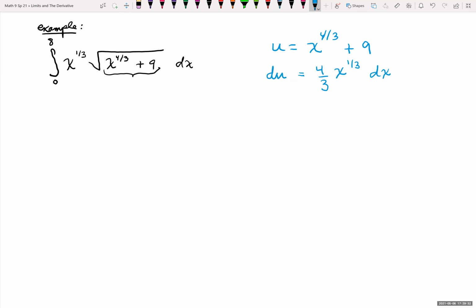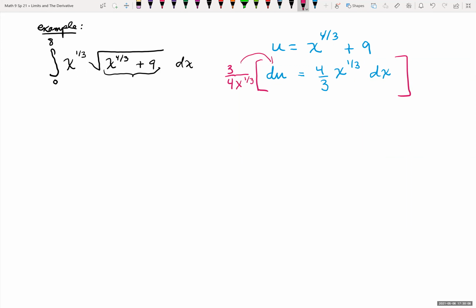So I'm going to divide both sides by 4/3, or I can think of it as multiplying both sides by 3/4. I don't like to really divide things by fractions. So if we multiply both sides by 3/4, that's going to clear this fraction here. And we're going to divide by this x to the 1/3. So we can think of this as multiplying both sides by 3 over 4 x to the 1/3.